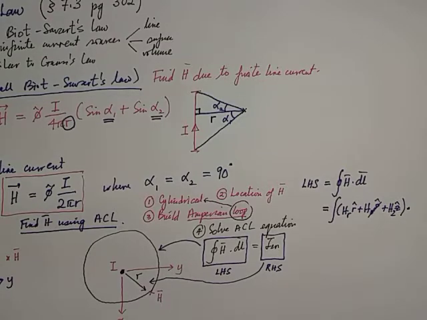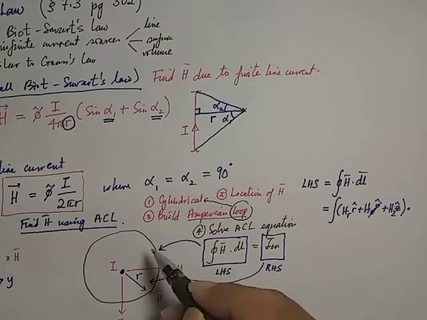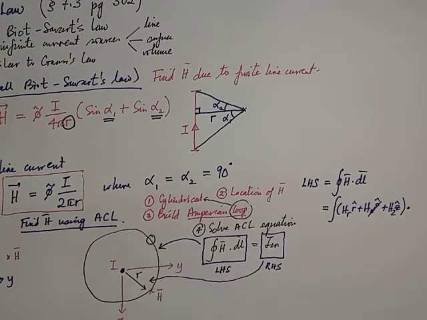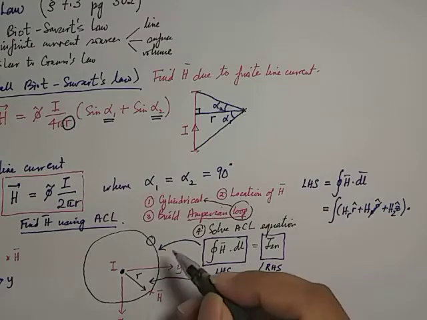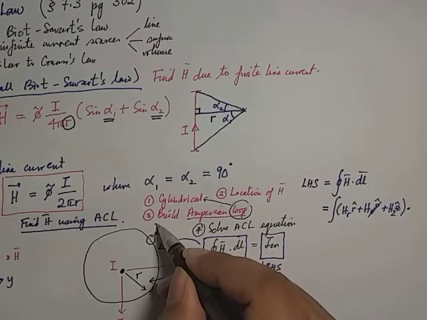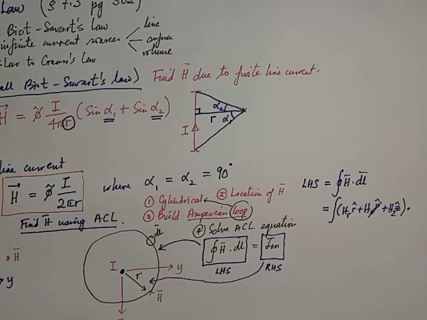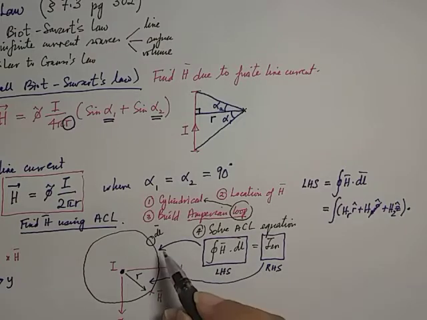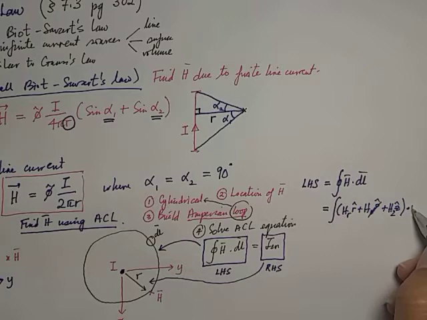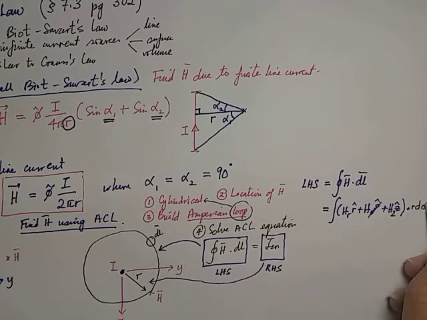Now, dot. The dl must be based on the shape of the loop. What should the dl be here? We must refer back to our table, I think table 2 if not mistaken, of week number 1 that we built together. What should the dl be mathematically? Good, it should be r d phi in which particular direction?